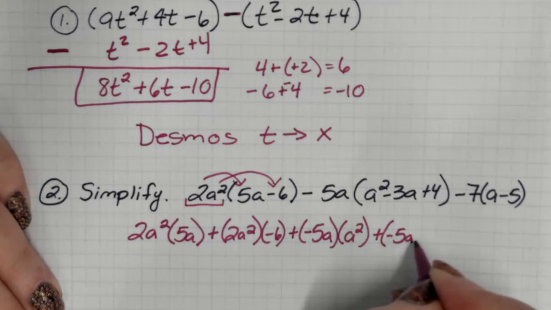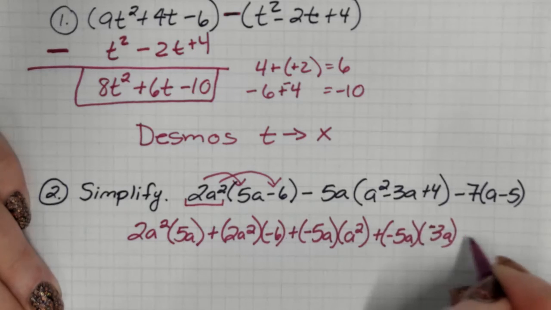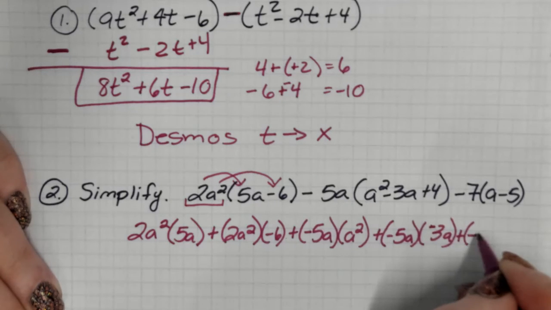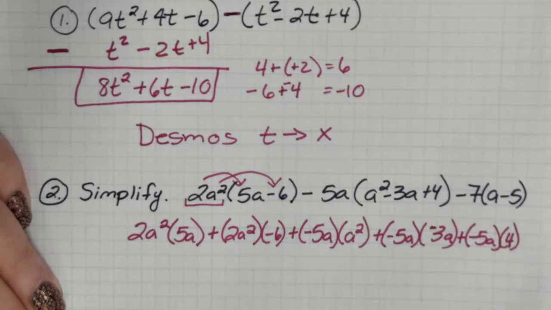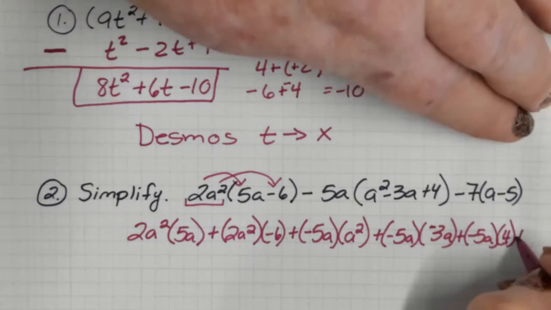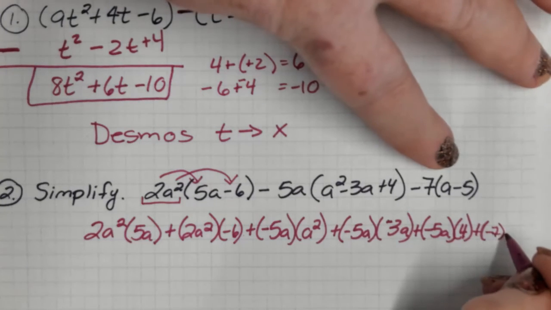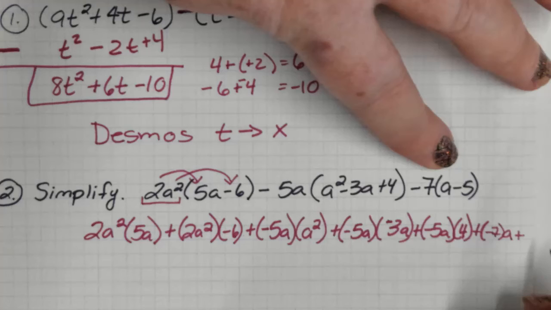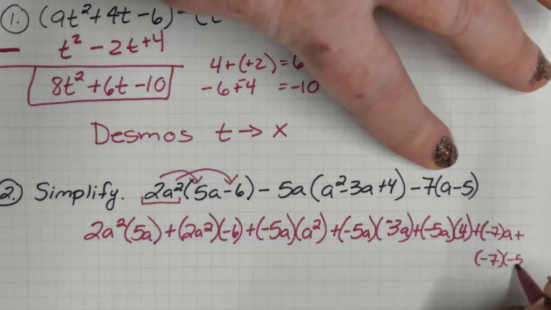Negative 5a times negative 3a. Negative 5a times 4. I'm going to run out of room. Negative 7 times a. I'm going to write it right down here. Negative 7 times negative 5.